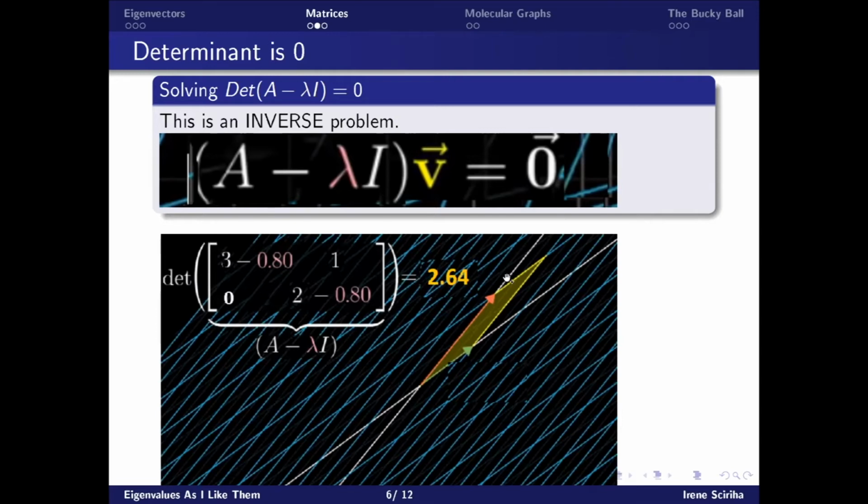When we do that, the line containing the whole parallelogram, which now has area 0, will be the eigenvector. So this was shown even by Adriana very nicely. When you get the eigenvalue, the area becomes 0.